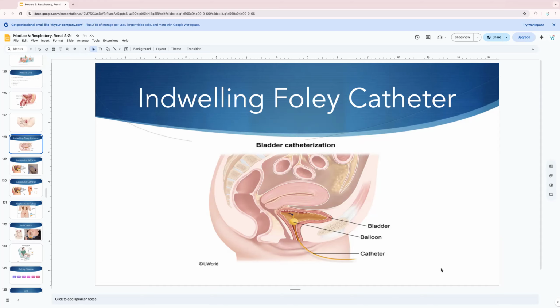So when we are using a urinary catheter for our patient, whether it's intermittent, which is in and out, or indwelling, which is going to stay for hours to days, the risk of UTI is always there. Remember, inserting a urinary catheter should be sterile because we do not want to cause catheter-associated UTI.